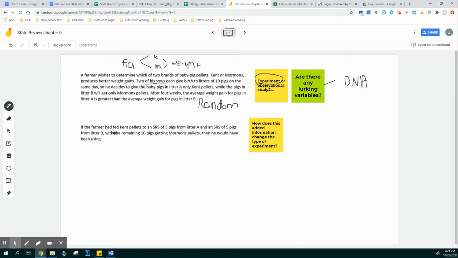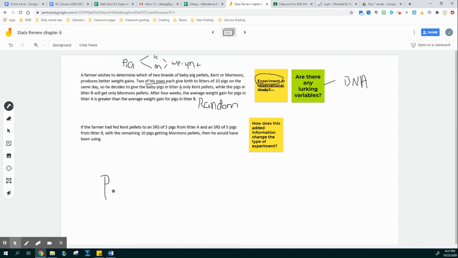All right, so let's look at this addition down here. It says if a farmer had fed Kent pellets to a simple random sample of 5 pigs from litter A and 5 pigs from litter B. Okay, wait a minute. Let me draw a picture.